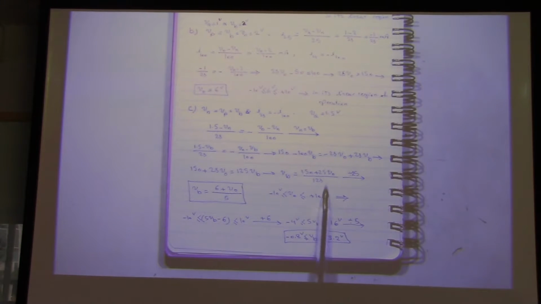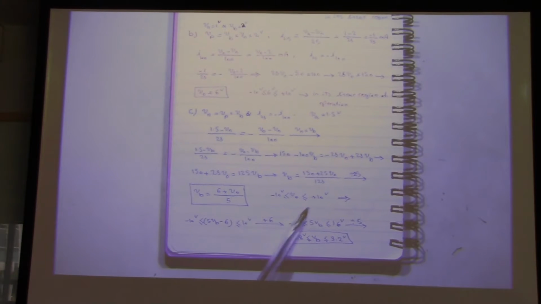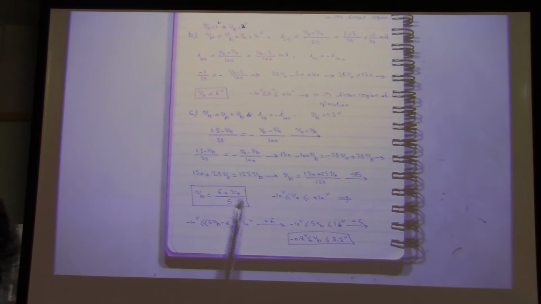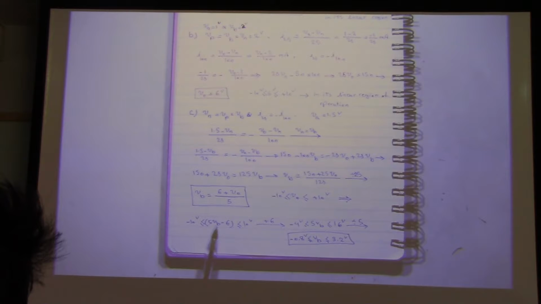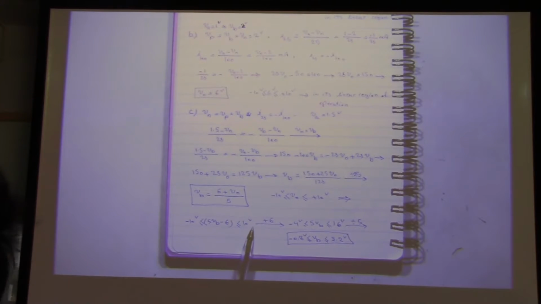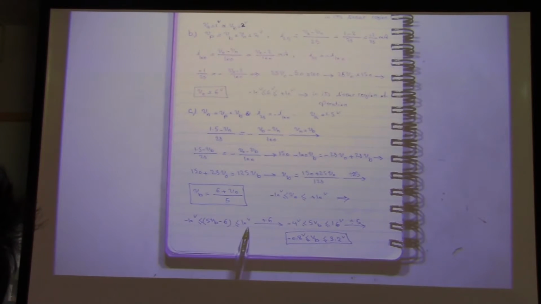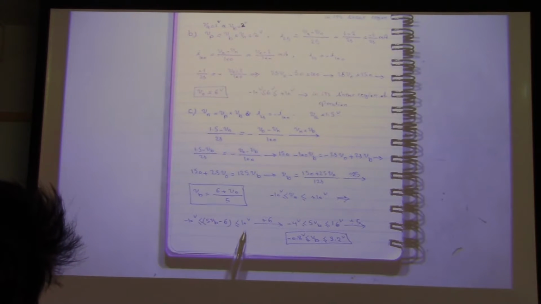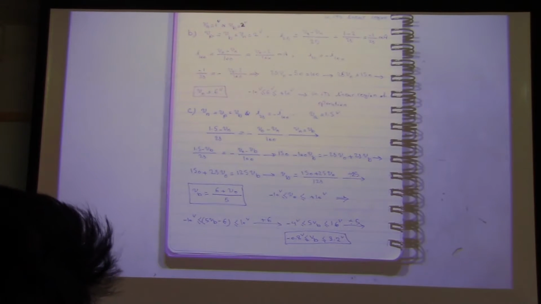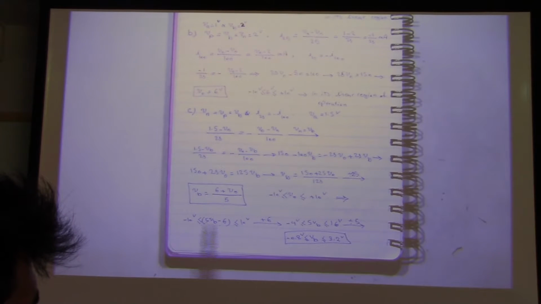You can use this one if you want. So V out is between minus 10 and plus 10. So instead of writing V out, I say V out is 5 times Vb minus 6, which must be between minus 10 and 10. So here I just add plus 6 to all of this equation.